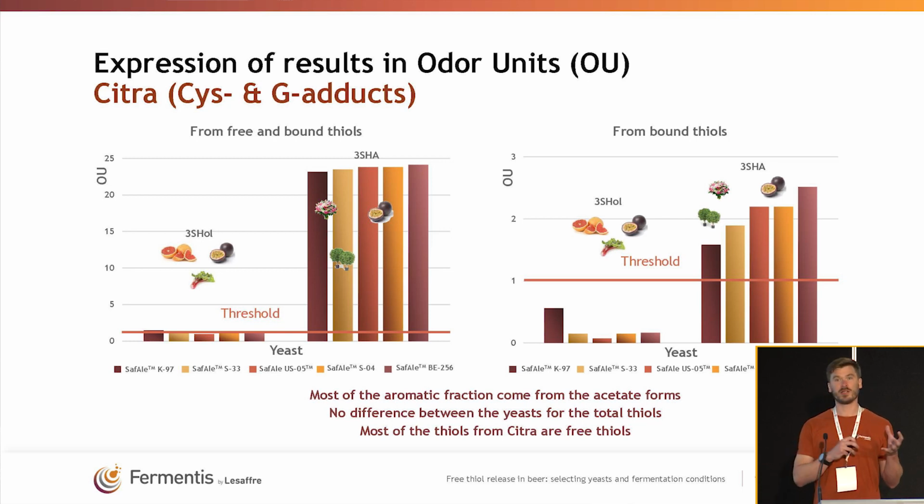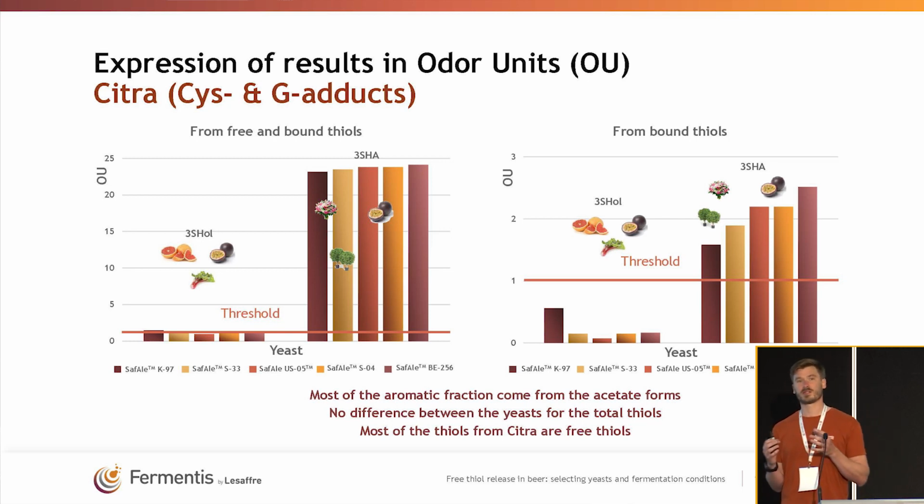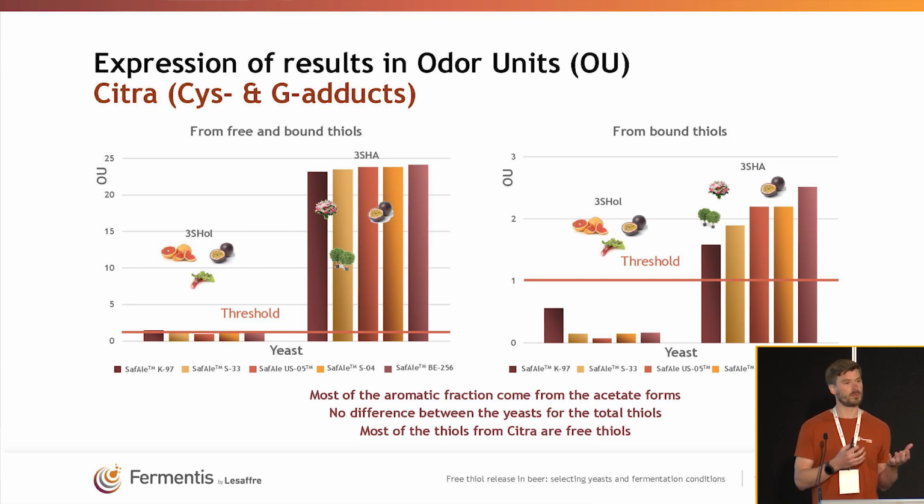One odor unit means that it is perceivable in beer, because odor unit is the concentration of the flavor divided by the flavor threshold. So anything above 1 is something that we would be able to perceive as a human.